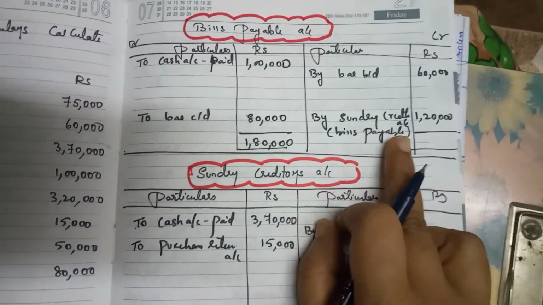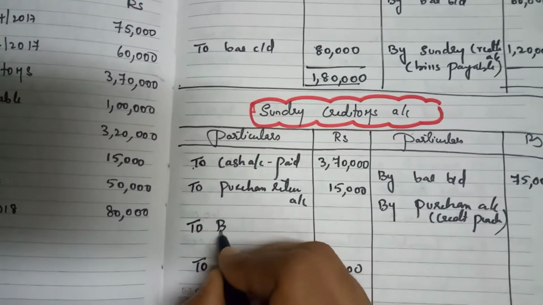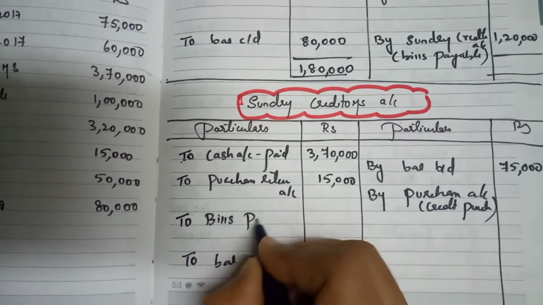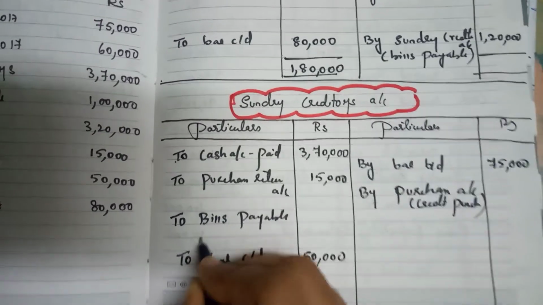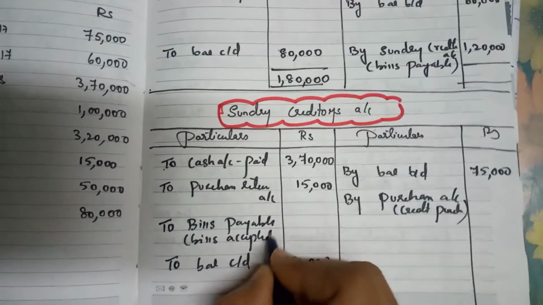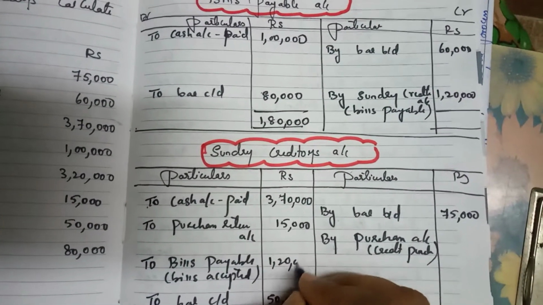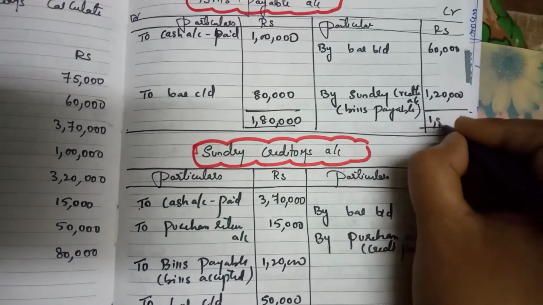This sundry creditors amount you transfer here to bills payable, bills accepted or bills payable accepted, anything. How much? 1,20,000. This is 1,20,000.